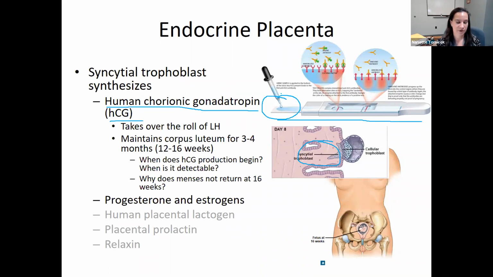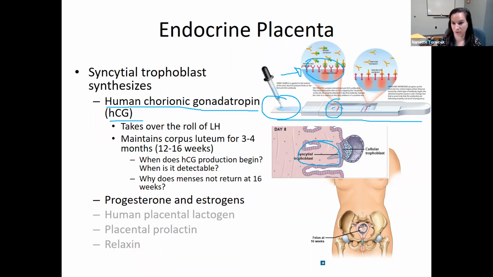And what happens here is that hormone, if it's present in your urine, it's going to float down and react with some of these antibodies that are present in the test strip. So if you do have that hormone, that's going to bind to these antibodies, and then that's going to activate some type of coloring enzyme. So you will get a line there.